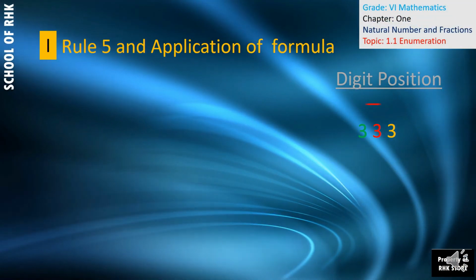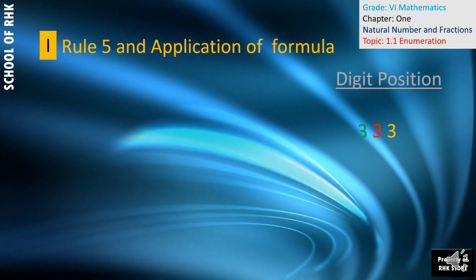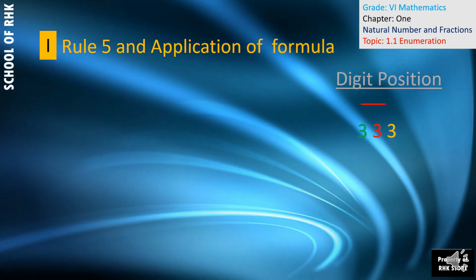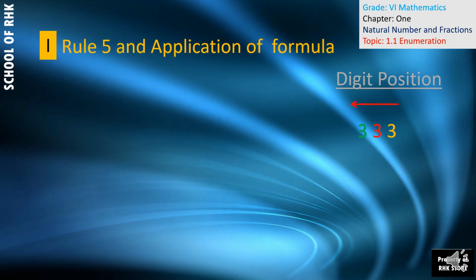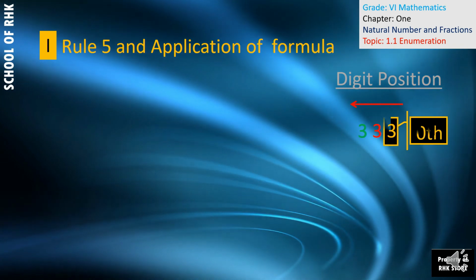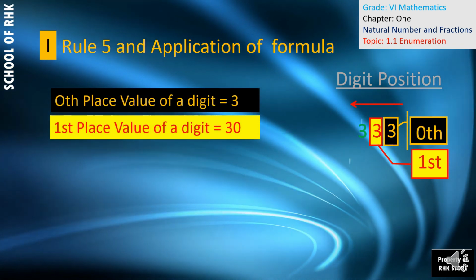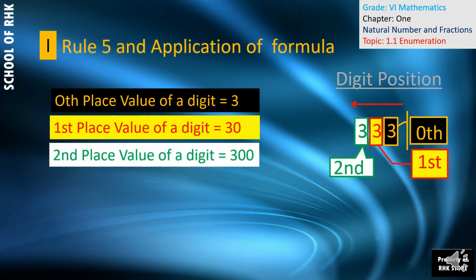So it is clear now that in a number, if a digit moves from right to left, it changes its position starting from 0th at the extreme right, and gradually the position counting increases.